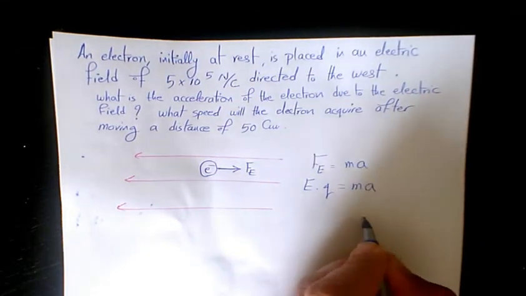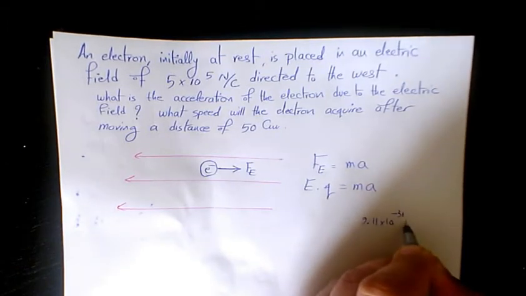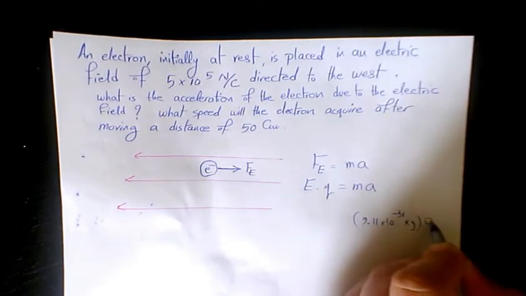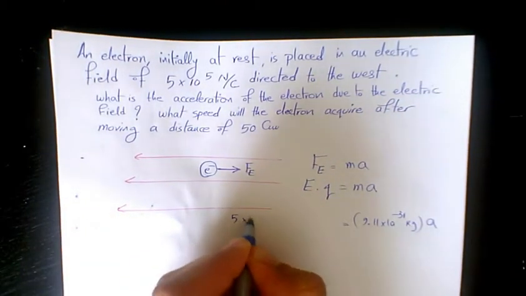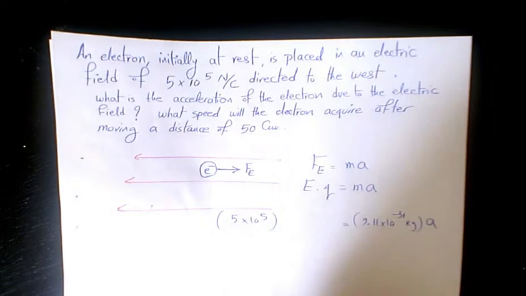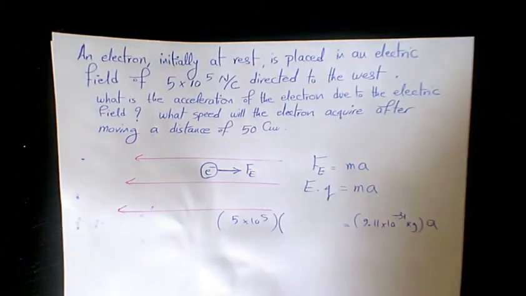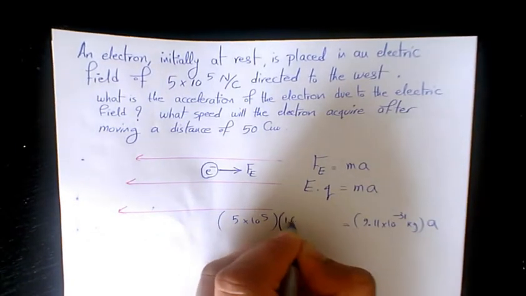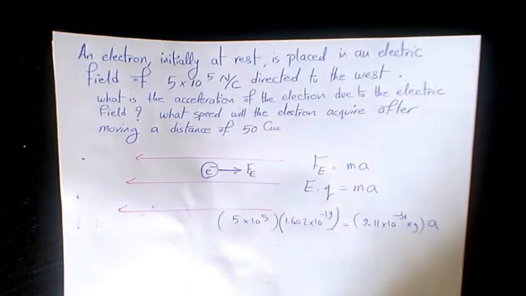It is 9.11 times 10 to the power of negative 31 kilograms. A, we don't know, we need to calculate it. E is given, which is 5 times 10 to the power of 5 Newton per Coulomb. And Q is the charge of the electron, which is 1.602 times 10 to the power of negative 19.